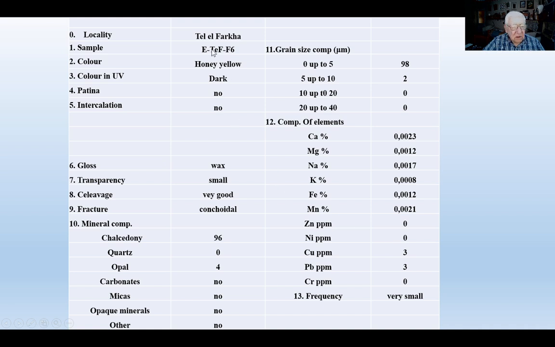And it's flint number 6 from Tel el Farkha, with the same features, but now you see that it's composed practically only of chalcedony and very fine crystals. Nearly 100% are grains smaller than 5 micrometers, very, very small, very good for knapping.